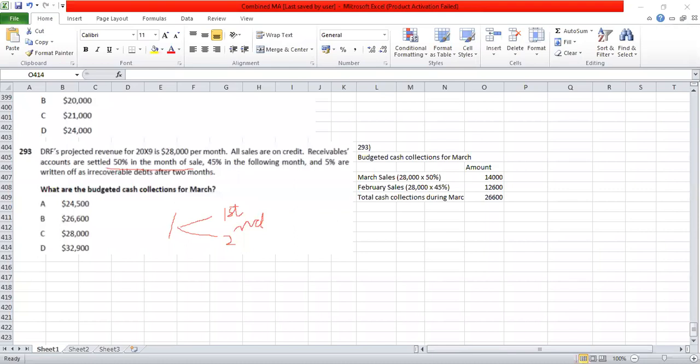Let's do question number 300. This is about the purchases. The way sales are made on a credit basis, purchases also can be made on a credit basis. So when it is on a credit basis, what do we do? Let's take it up.